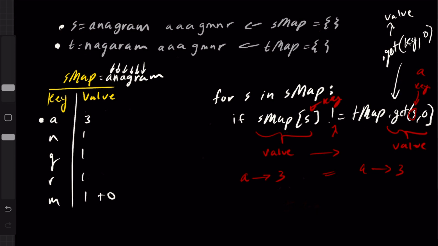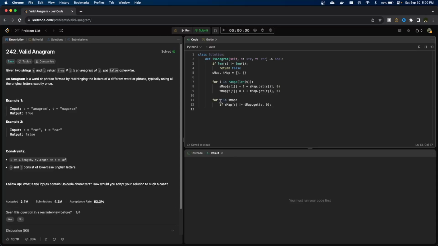But essentially the whole point that I'm trying to make is, let's go back to the code. If the value inside of smap does not equal the value inside of tmap, then we return false.